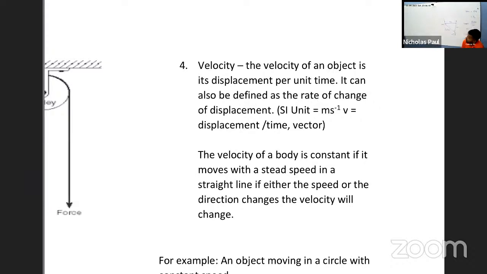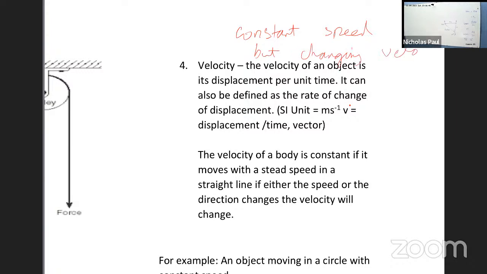If the velocity of a body is constant, it moves with steady speed in a straight line. If either the speed or the direction changes, the velocity will change, right? And there is this very popular example to show that an object could have constant speed but changing velocity.